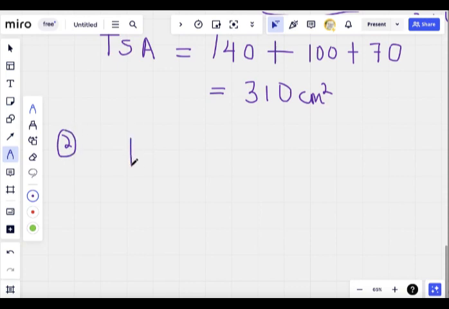If this is a cube, all the sides will be equal.